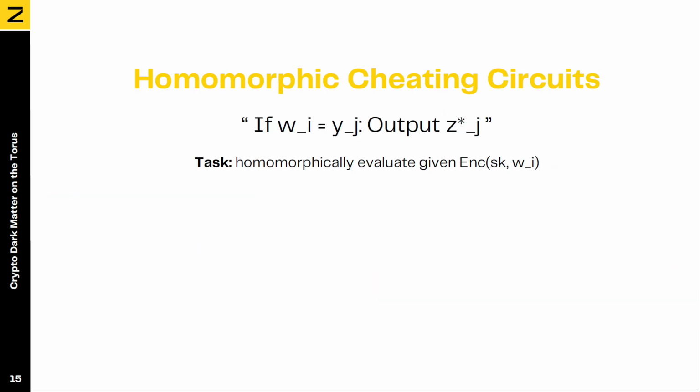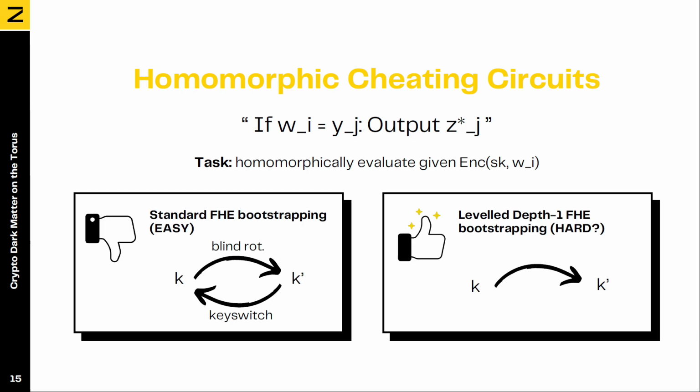So for example, one part of the homomorphic cheating circuit might ask that if you have an encryption of a WI, and WI is a checkpoint, output an encryption of the checkpoint output. If you have a full bootstrapping key, you can do this because you can essentially implement any circuit homomorphically. However, if you recall, we had a depth 1 programmable bootstrapping circuit to evaluate the crypto dark matter PRF.